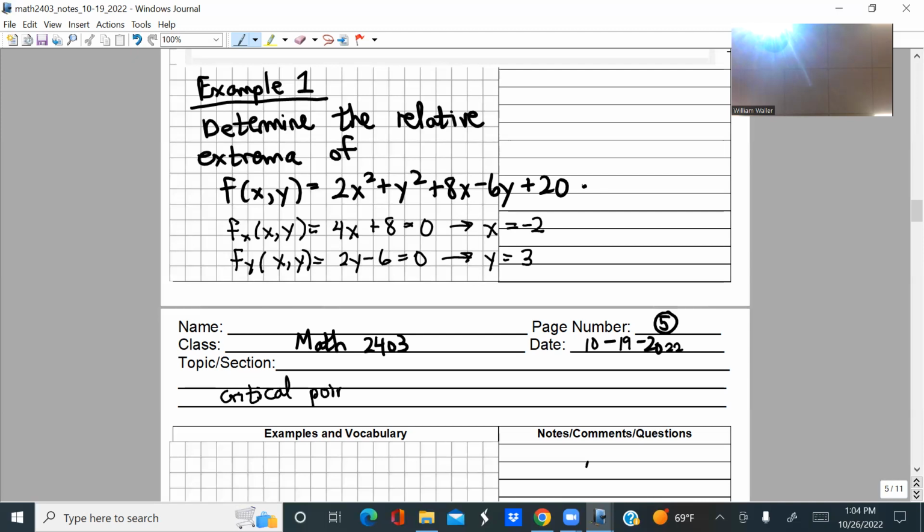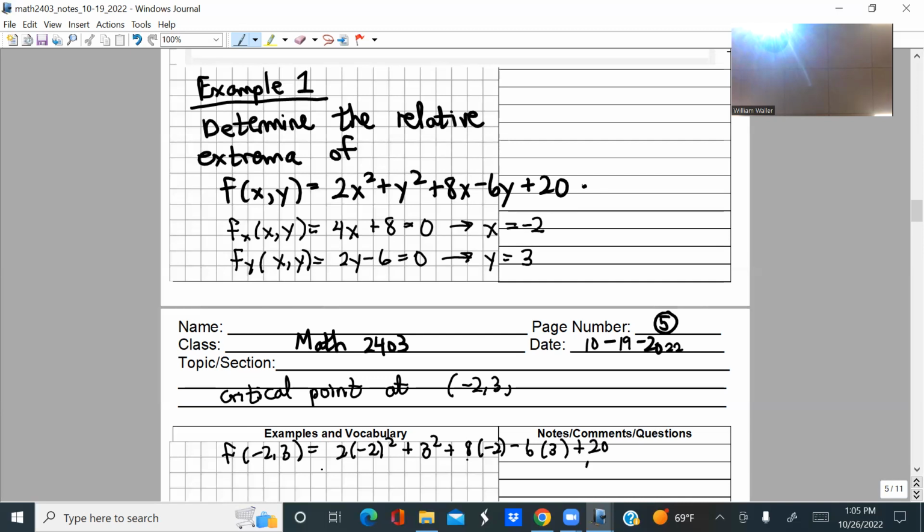So we have a critical point at minus 2, 3, and if you plug in minus 2 and 3, what does all this reduce to? Shall we do that? Let's do it. So f of minus 2 and 3 would be 2 times minus 2 squared plus 3 squared plus 8 times minus 2 minus 6 times 3 plus 20.